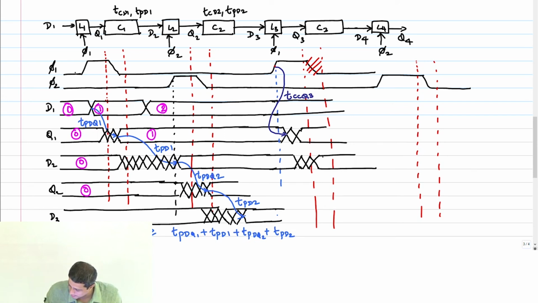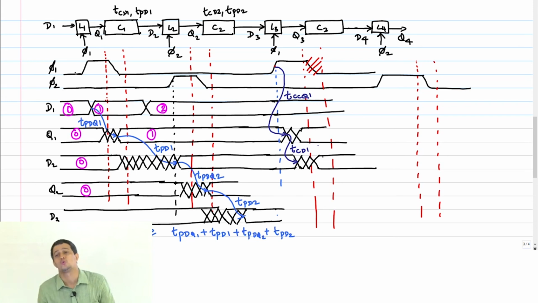From the earliest change of Q1 to D2, there is a delay of T C D 1. Now, what is the constraint on D2?